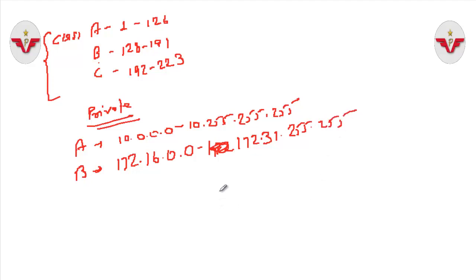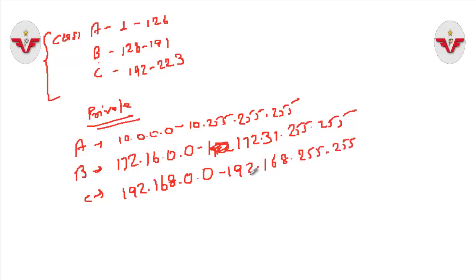And for class C, it is 192.168.0.0 to 192.168.255.255.